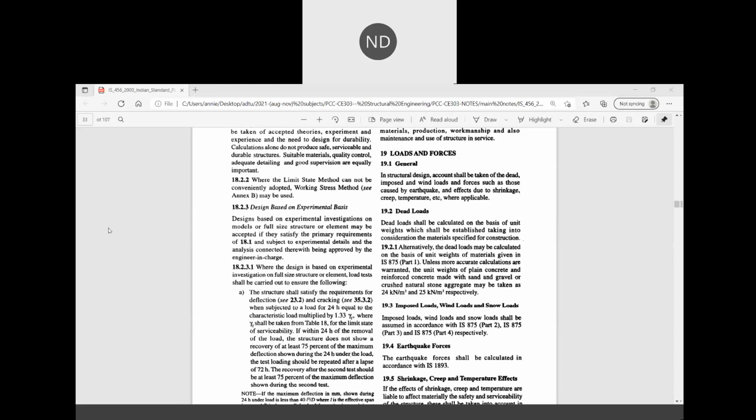Suppose you have some beam, you have some column, and slabs will be there.